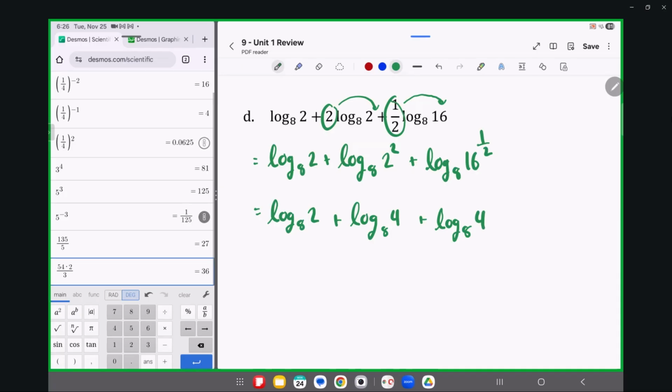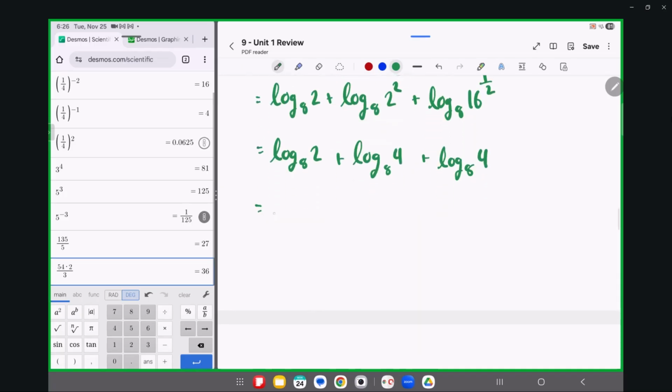Using the product law of logarithms, we can rewrite this as log base 8 of 2 multiplied by 4 multiplied by 4. So 4 times 4 is 16, times 2 is going to give us 32. So this becomes log base 8 of 32.